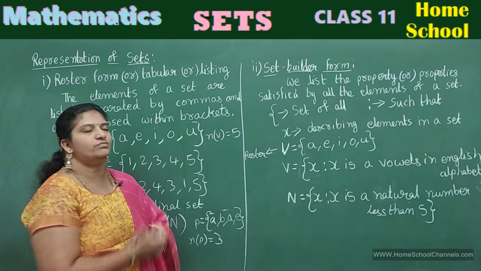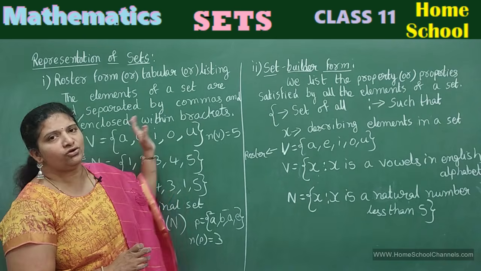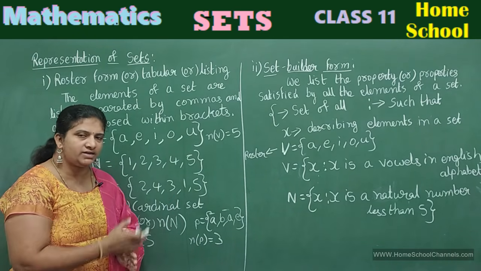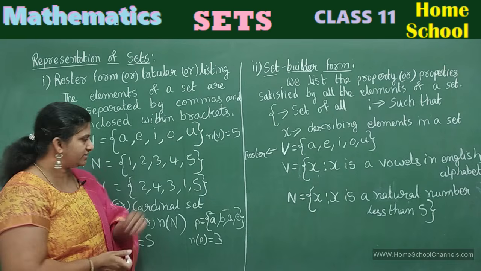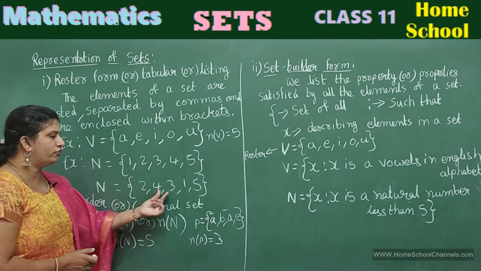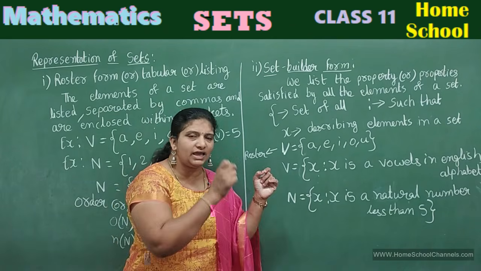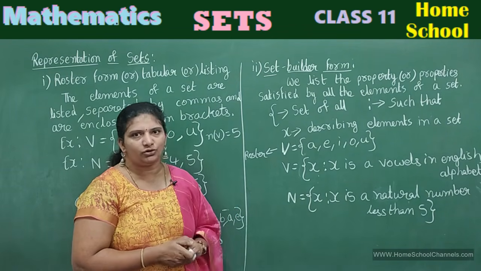So, in both the forms, what is the difference? In roster form, we list the elements, separate with commas and enclose with the flower brackets. That is N is equal to {2, 4, 3, 1, 5} I have written. And here, how do we get those elements? The property we are going to write.